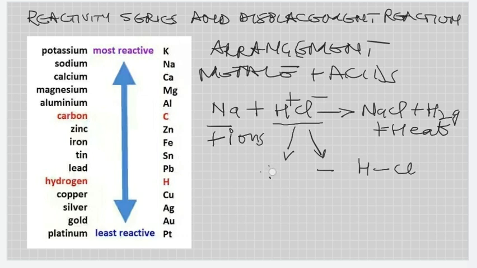Now let us see what happens when we add sodium to hydrochloric acid. In the last session we studied that when an acid is added to water, it becomes dilute. I'm writing dilute here. What does it mean? When an acid is added into water, it becomes dilute.